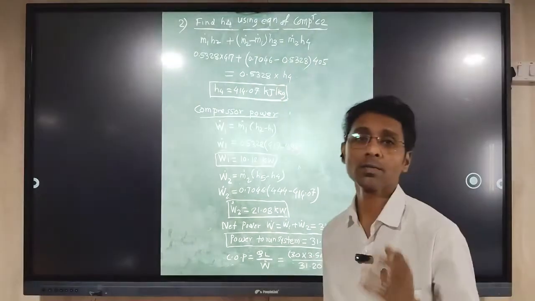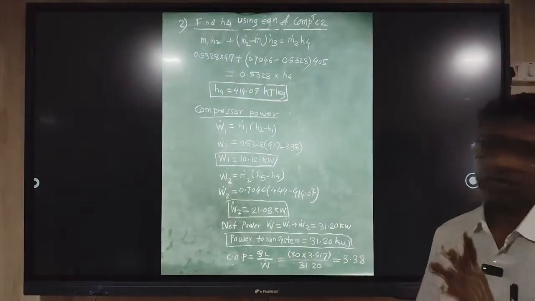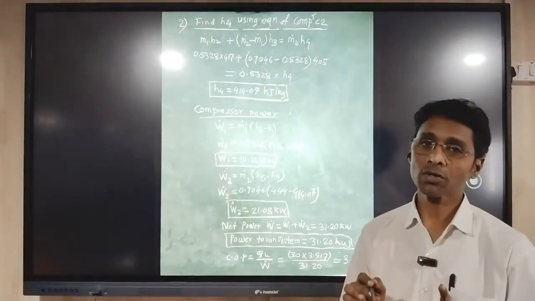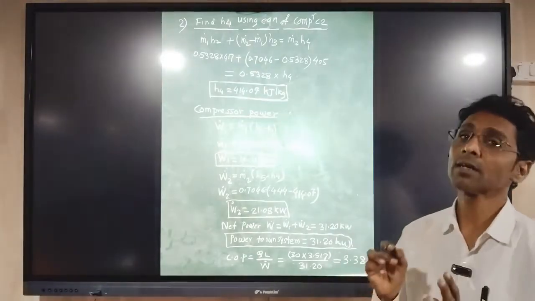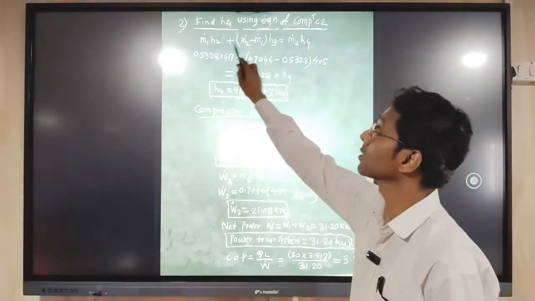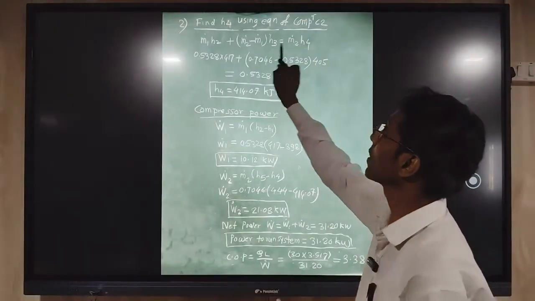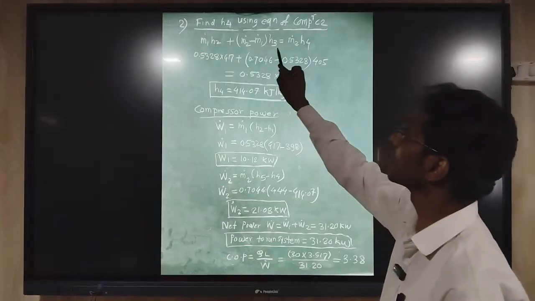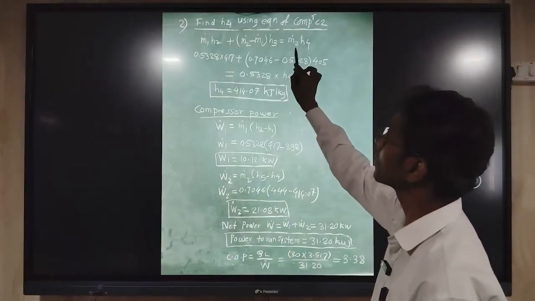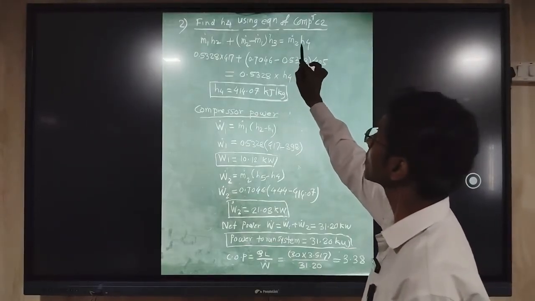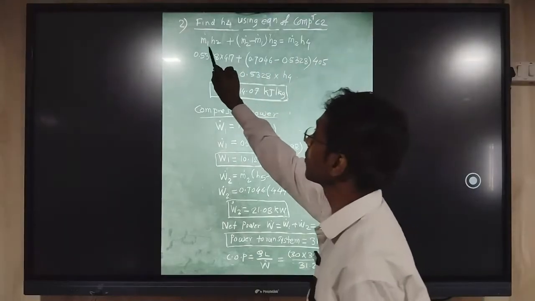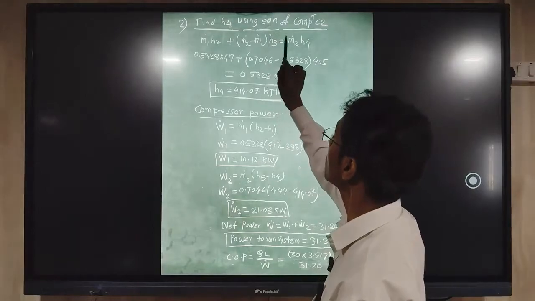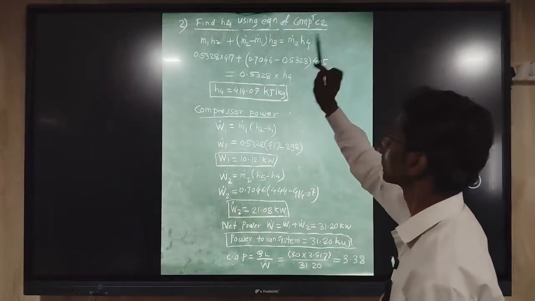As I mentioned, point number 4 on the chart comes between point number 2 and 3. We don't know the exact location of that point 4. For finding point 4, in the theory session we have this formula. We got this formula by using the energy balance equation at the high pressure compressor entry. So this is the equation: M1 dot H2 plus (M2 dot minus M1 dot) times H3 is equal to M2 dot H4.